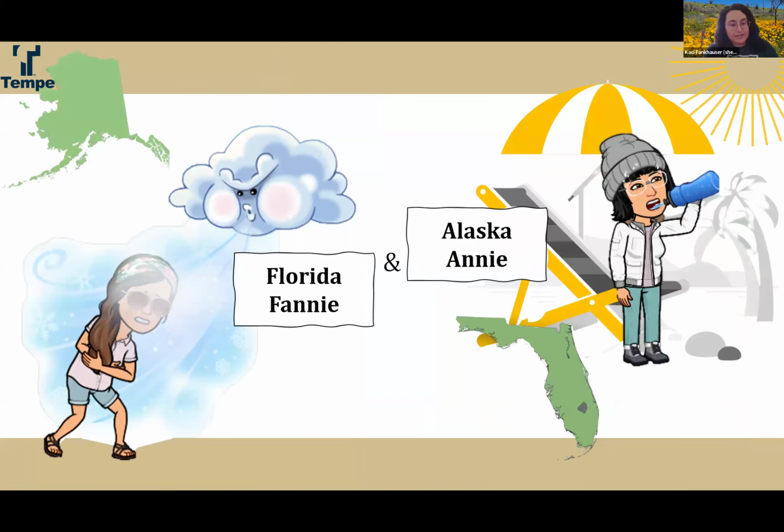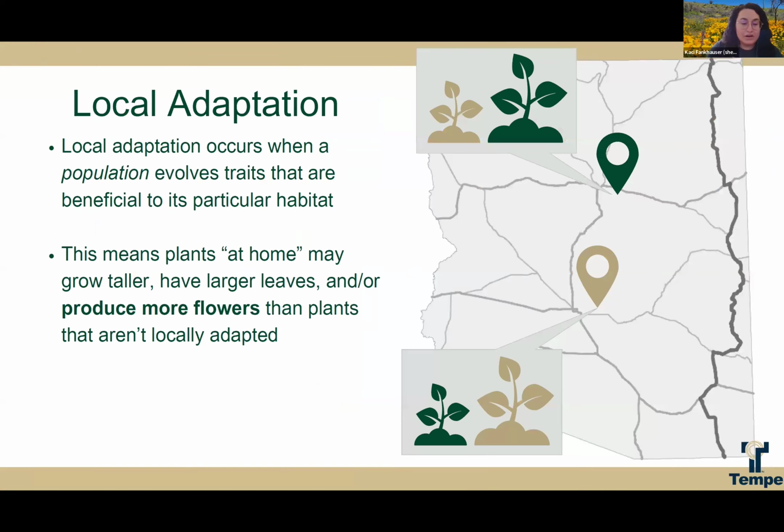When they get to each other's states, obviously the tools and adaptations from their prior states are not effective, right? In the same way, all organisms adapt and have tools that are specific to their environment. This is on a population level. A really good example is this wild daisy here.